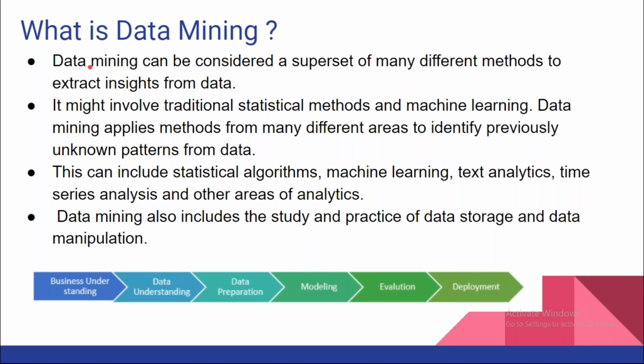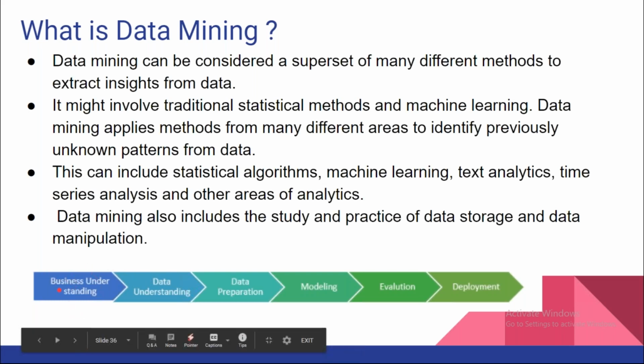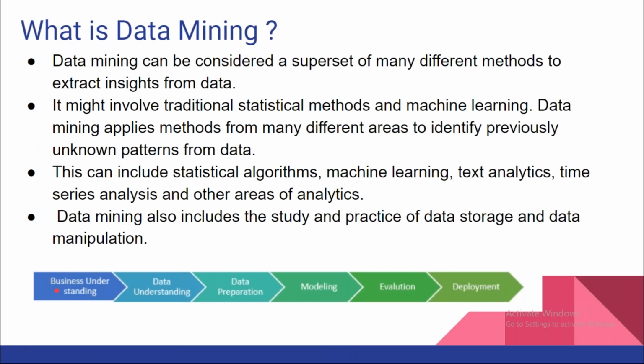So how exactly does data mining work? First, understanding the business problem, and then data understanding. After understanding the business problem, the business might give you some sort of data. So we need to understand what that data is about, and how the data is segregated across different rows and columns.